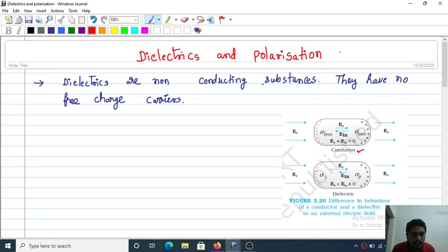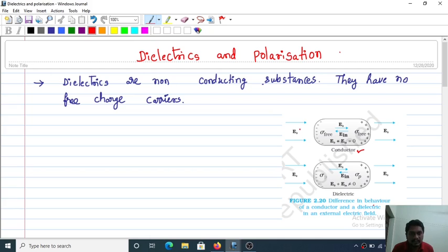In conductors, the valence electrons, the outer electrons, are loosely attached to the nucleus, so at room temperature we have a number of free electrons.